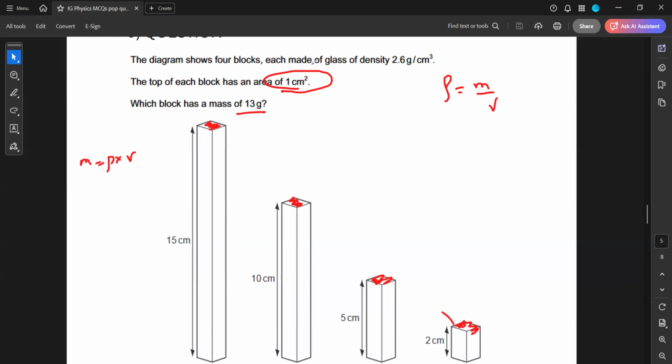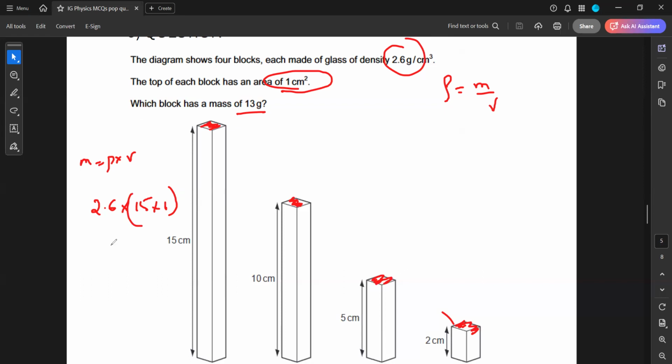The diagram shows 4 blocks, each made of density 2.6. What about the volume of this block? For rectangular objects, volume is length multiplied by the cross-section area. The length is 15 here for the first one, and the area is 1.